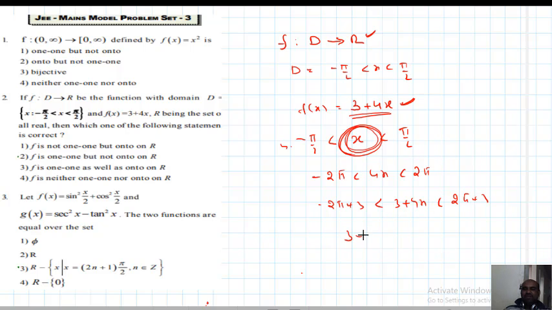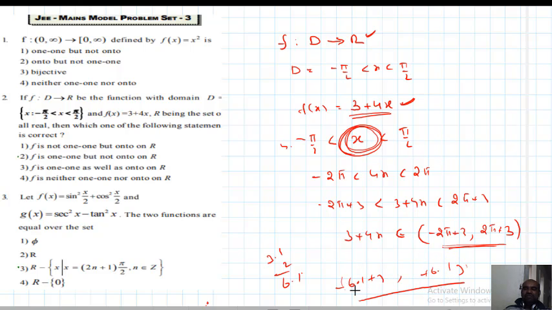What is the meaning of this? 3 plus 4x belongs to the open interval minus 2 pi plus 3 to 2 pi plus 3. Observe, this is not the total real number line, no? What is the value of 2 pi? 3 point something times 2 means 6 point something. Minus 6 point something plus 3, to 6 point something plus 3 only. So only these are the range, but the codomain is all real numbers.